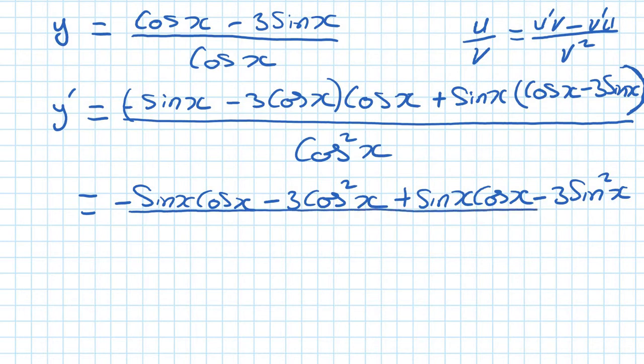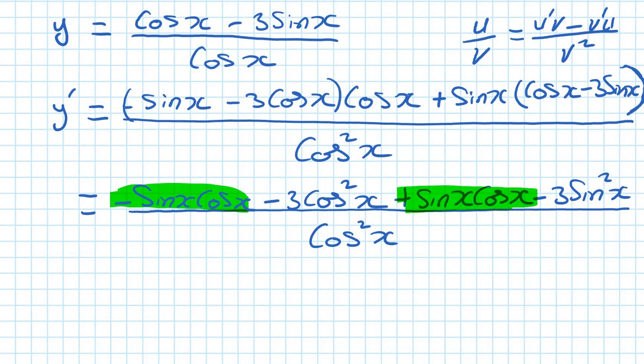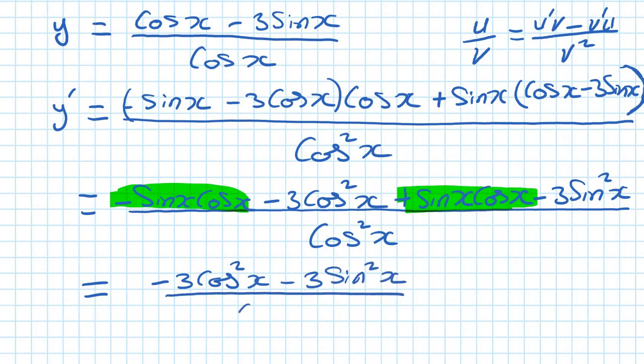All over cos square of x. Right? So now I just simplify. These are like terms: minus sine x cos x, add sine x cos x, which is gone. So I'm left with minus 3 cos square of x minus 3 sine square of x all over cos square of x.